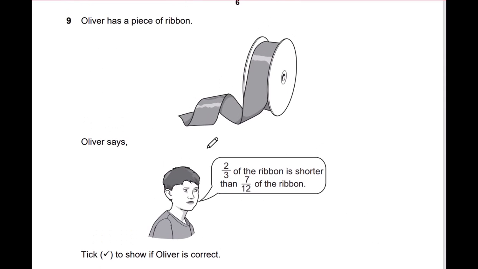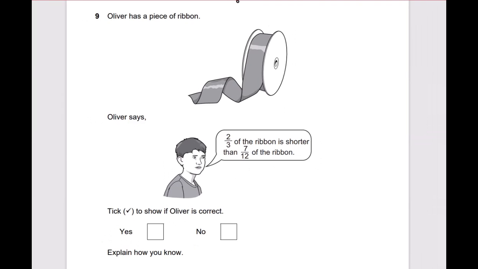Now, let's check the statement of Oliver. Okay, so 2/3 of the ribbon is shorter than 7/12 of the ribbon.